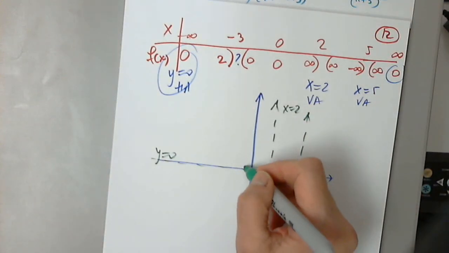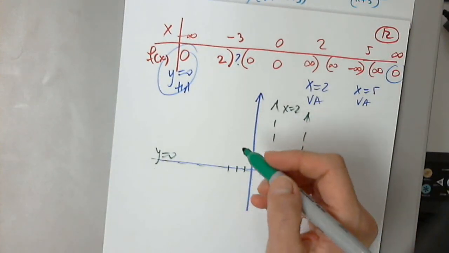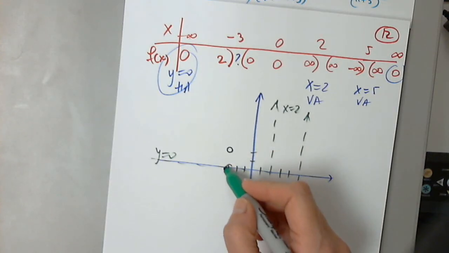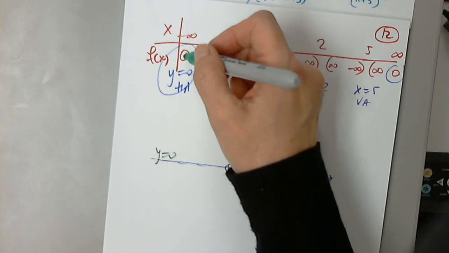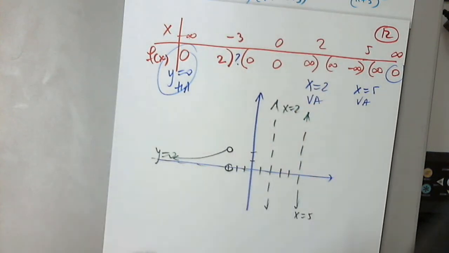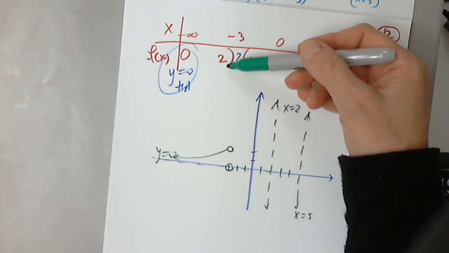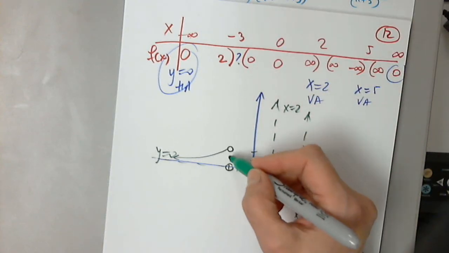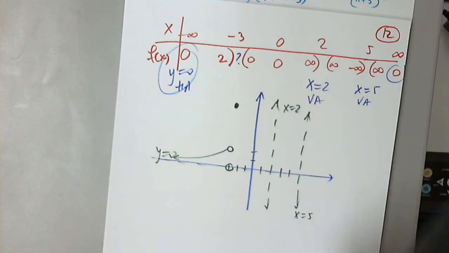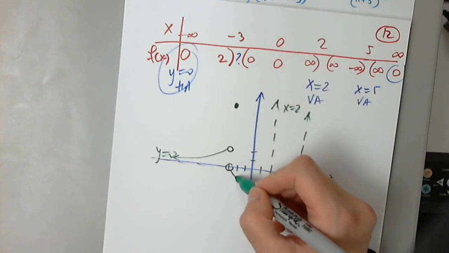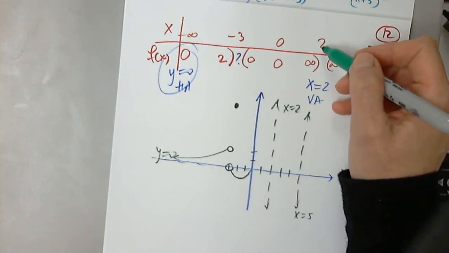So at negative 3 it is 2 on the left and 0 on the right, and it approaches 0. Approaching 0, at negative 3 it is 2. You can make a full point here, or here, or nowhere. It's up to you. You can add on whatever you want. So 0, 0, okay, fine. And it goes to infinity.